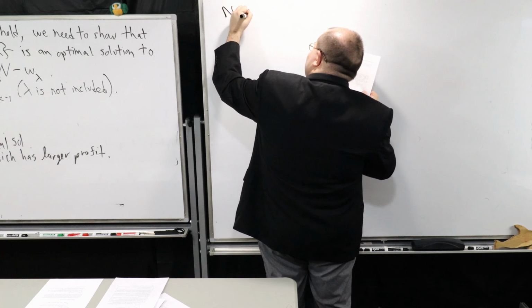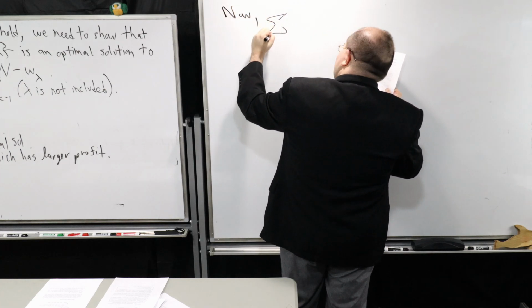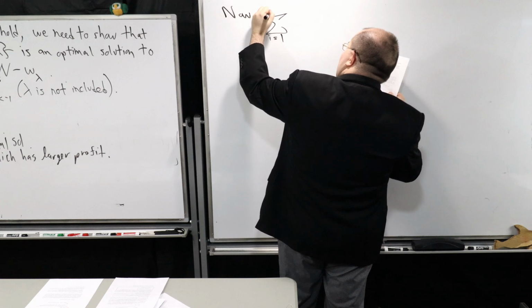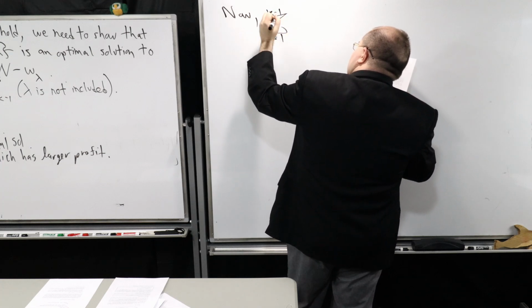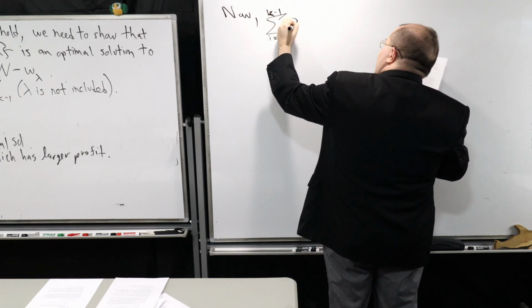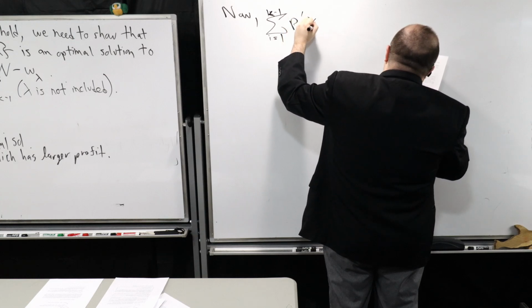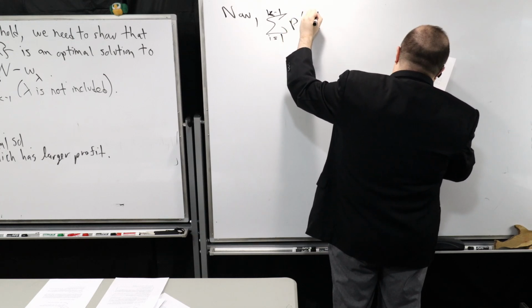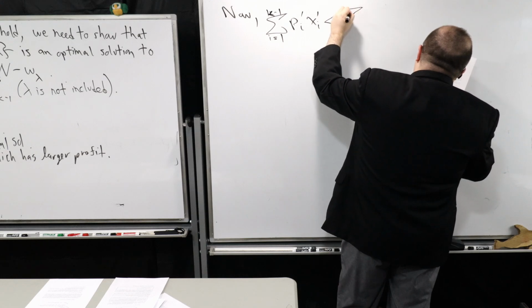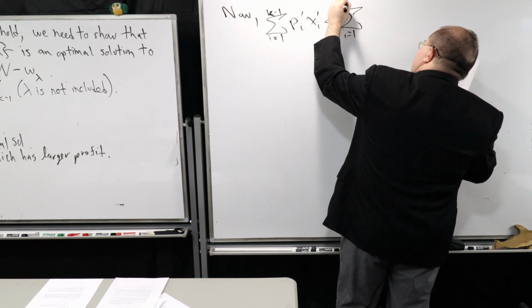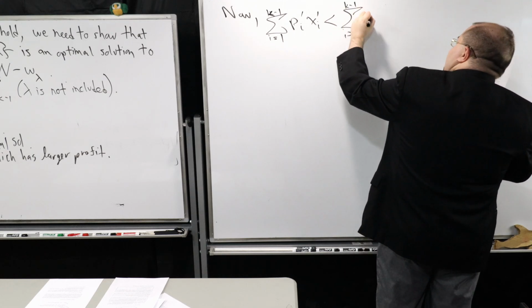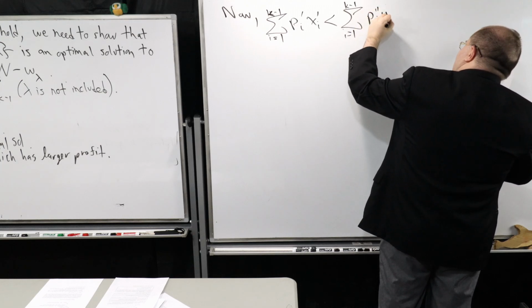So now the sum from I is equal to 1 to k minus 1 of pi prime xi prime is less than the sum from I is equal to 1 to k minus 1 of p double prime I yi.